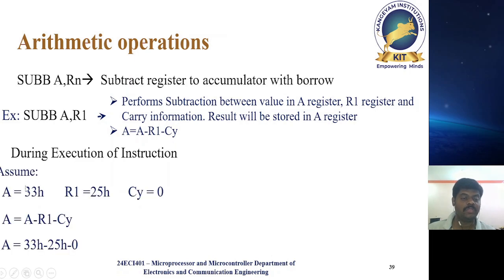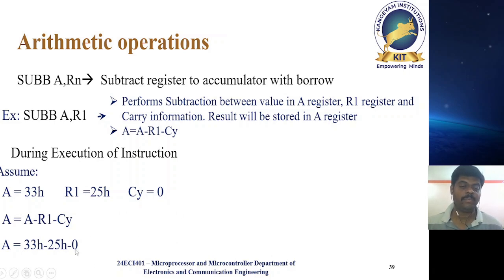Suppose 33 is the value, R1 value is 25 and carry information is 0. Then 33 minus 25 minus 0 will happen here. Previously we saw ADDC, addition with carry. Here it is subtraction with borrow. Why do we say borrow? Whenever there is a borrow during subtraction, the carry will be generated. That's why we are subtracting with borrow.